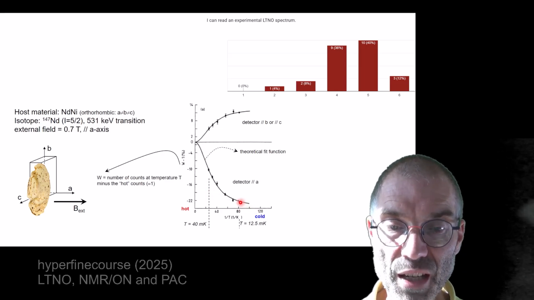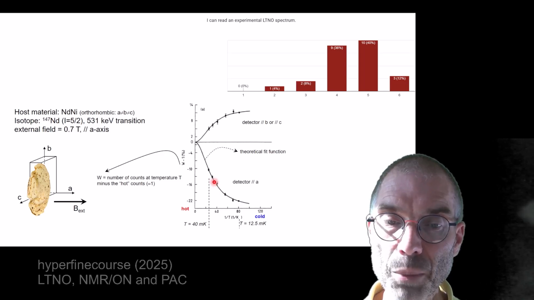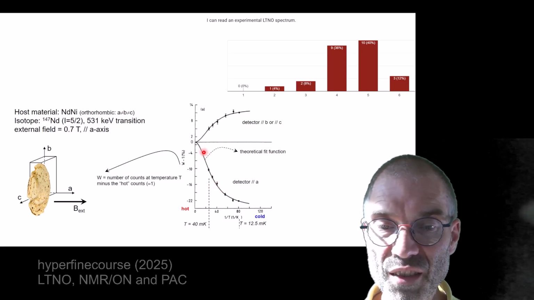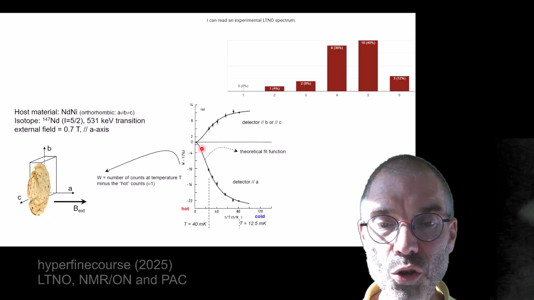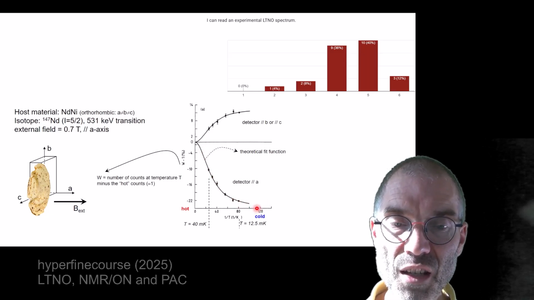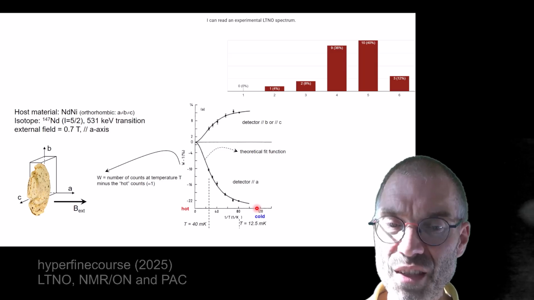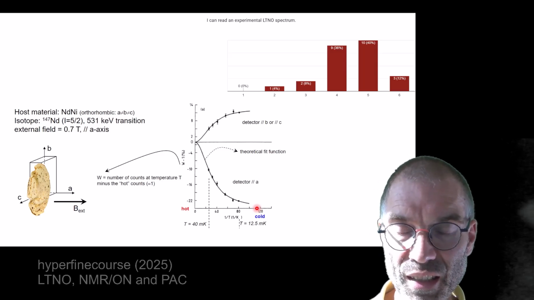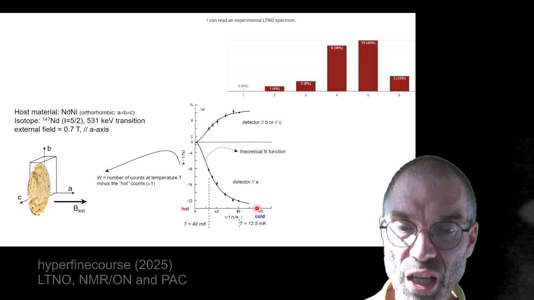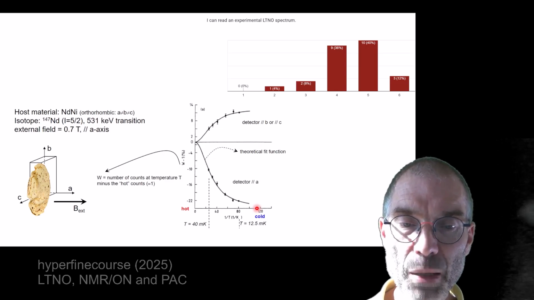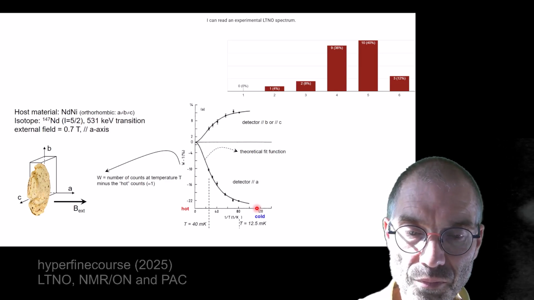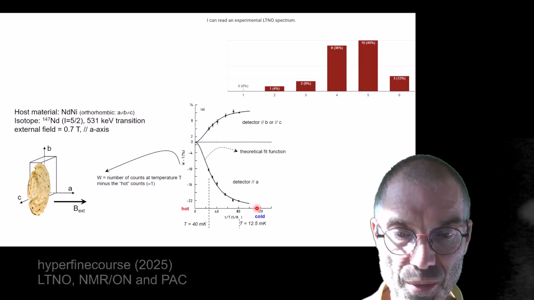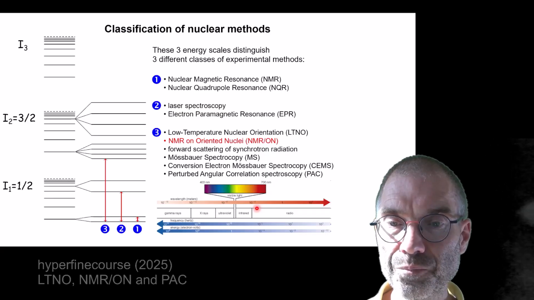But you can imagine, you need measurements at different temperatures, and if your data points are a bit to the left or to the right, that could slightly change the curvature of this fitted line. So this is much less sensitive. One bad data point can change your fit and can change your conclusion about the hyperfine interaction. NMRON, because it measures peaks, is much more precise.